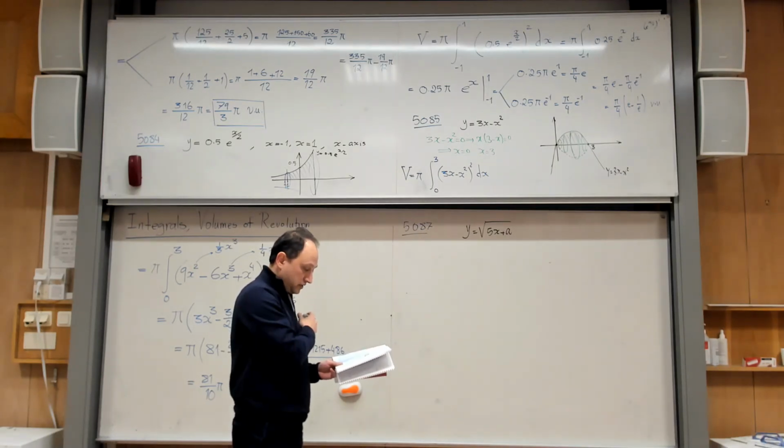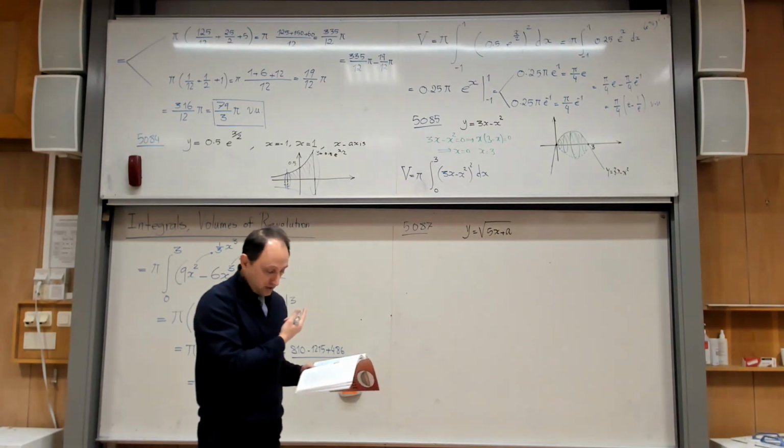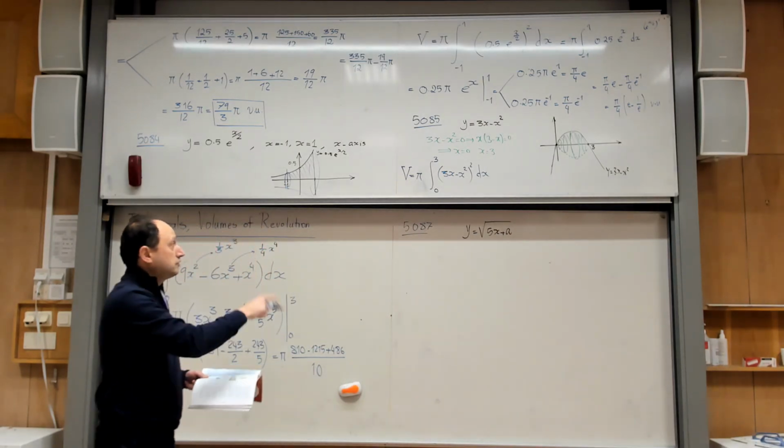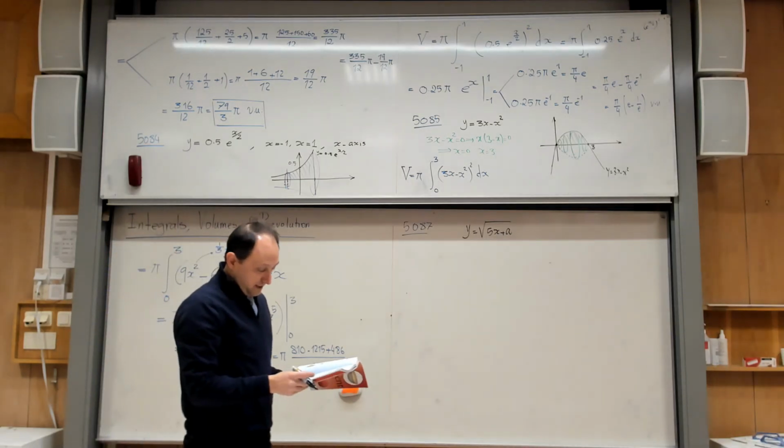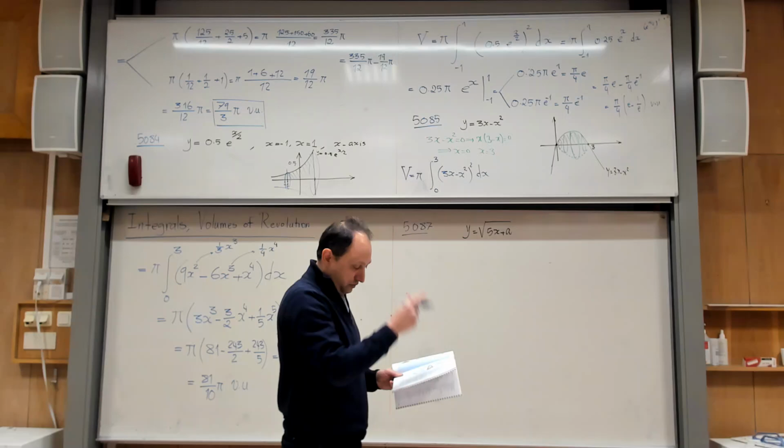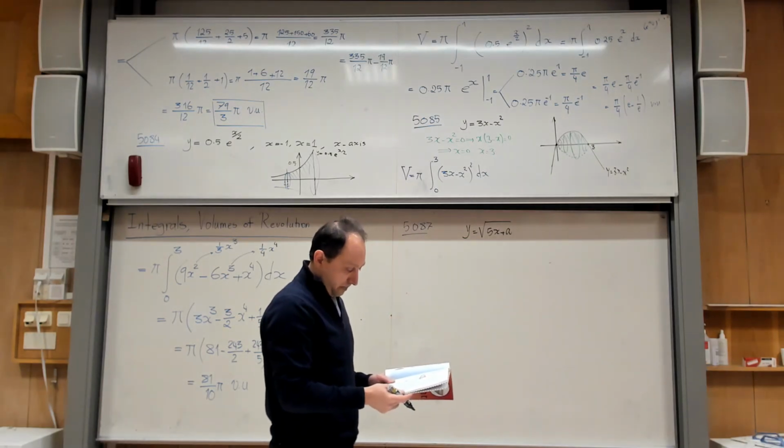The y-axis rotates about the x-axis. So this formula only works if you rotate your region about the x-axis, okay? So that's not hard, so they want to still rotate about the x-axis.